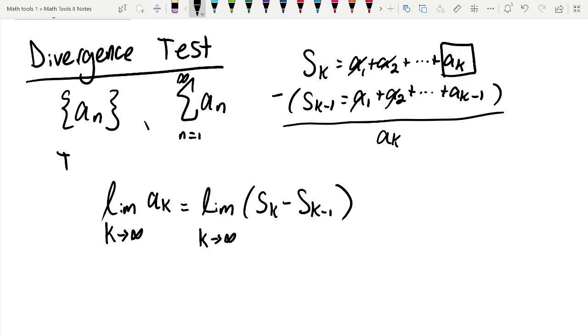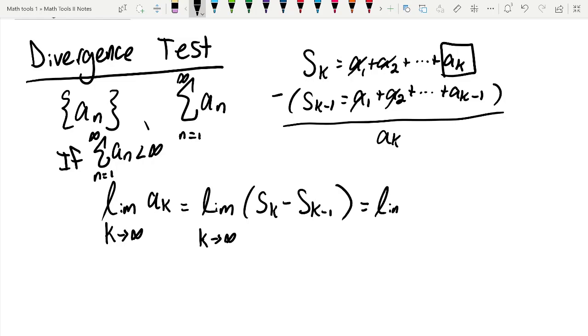Now, let's write this down first. If the sum from n equals 1 to infinity of a sub n is less than infinity, meaning that it converges, okay, so if this sum of this sequence converges, then we can get this next equality.